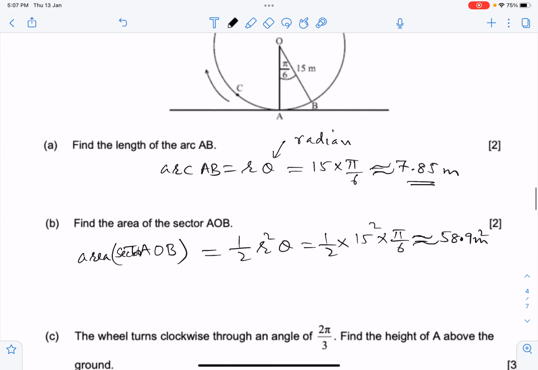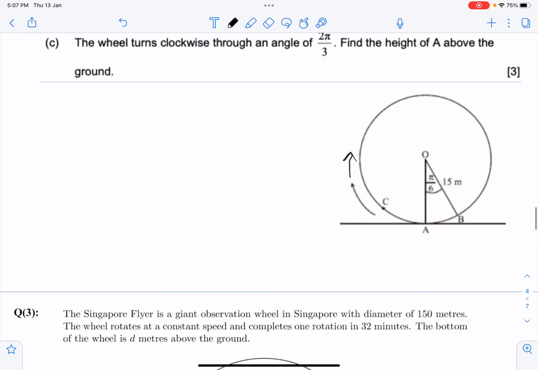When you draw a perpendicular here, suppose this is the height, the lower part, then the upper part will be radius minus the height. So 15 minus h will be this section, and the hypotenuse side is 15. So in this triangle, cos of theta, where theta is 2 pi by 3.